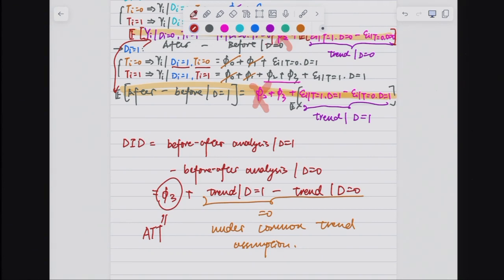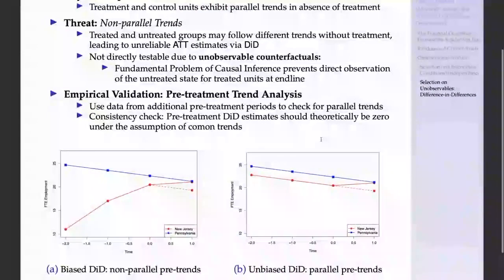So if you look at what we have, okay, so imagine D at 0, so this time 0 is our actual baseline. And 1 corresponds to our actual end line.